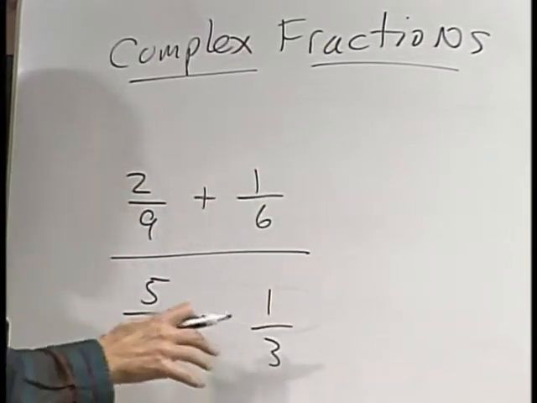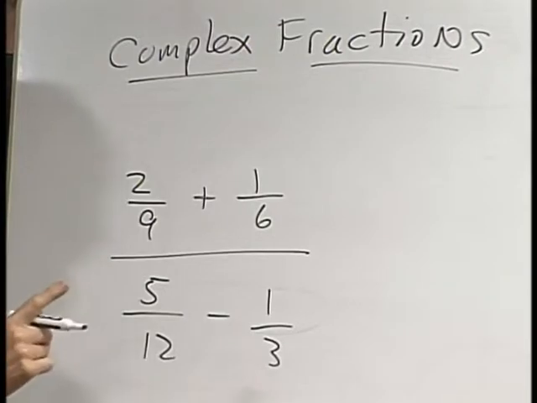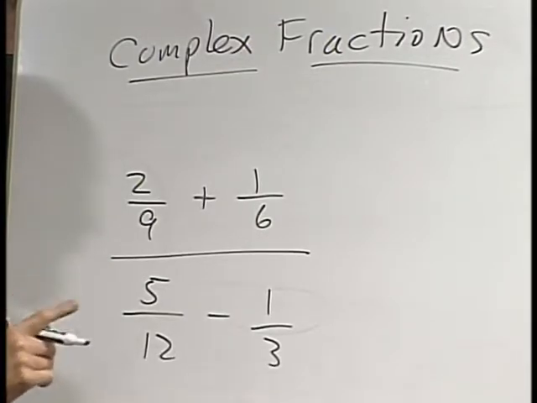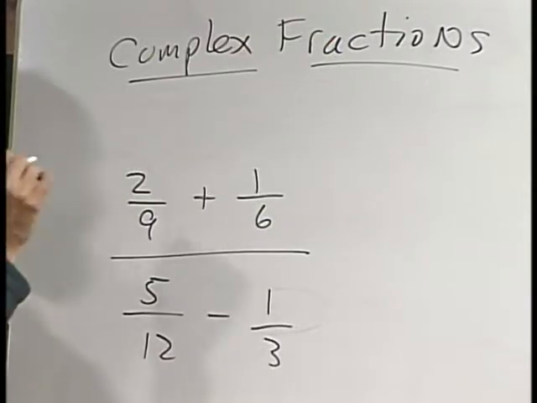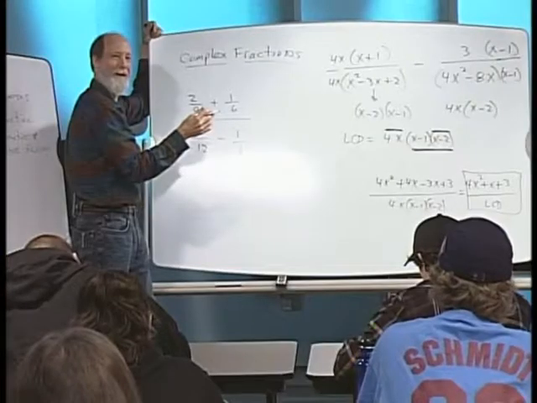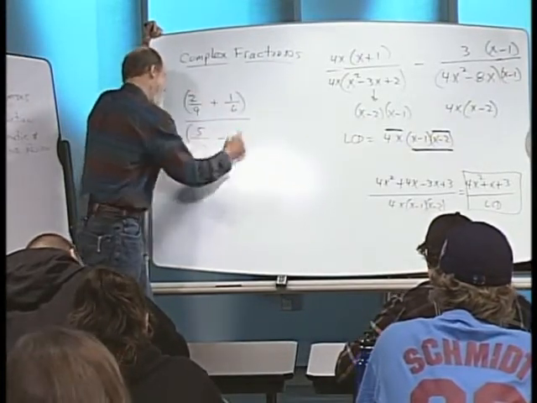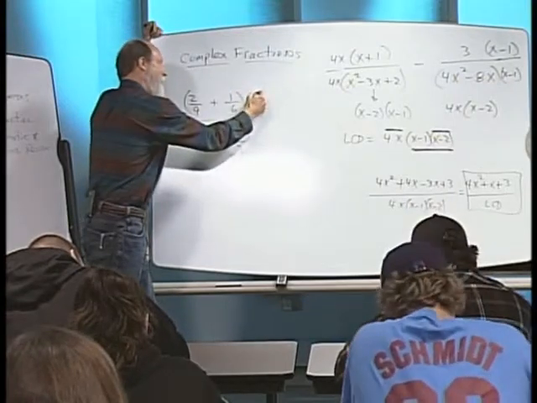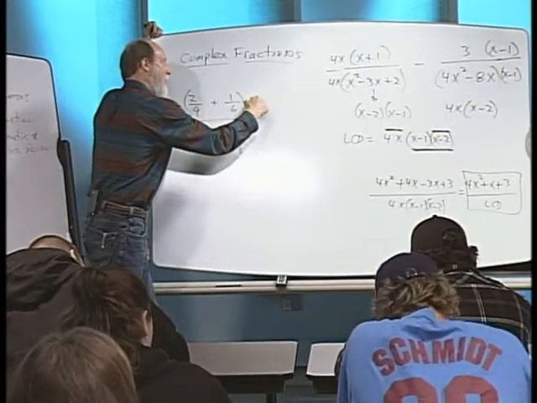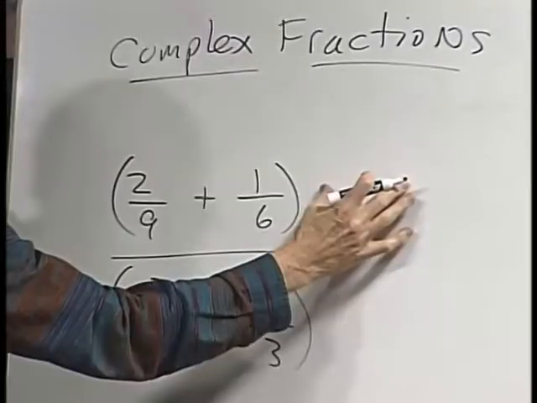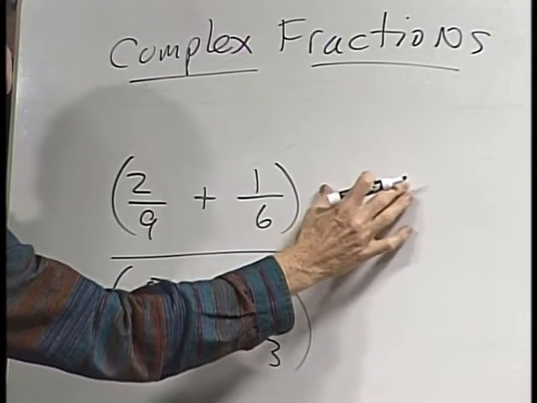trigonometric, is to find the lowest common denominator and do what with it? Yeah, I'm going to find the LCD, and then I'm going to multiply the top and the bottom by that lowest common denominator. Now here's why.